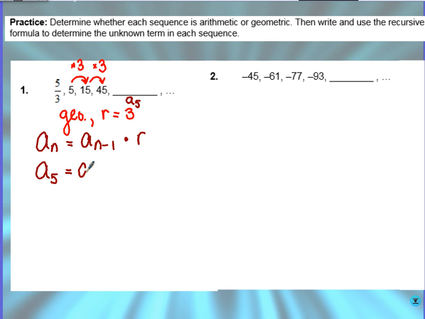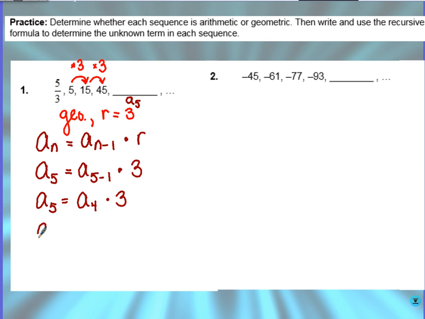Over here, I will continue replacing n with 5. And I also know my r, my common ratio, so I can replace that with 3. My next step, to get to the fifth term, well, 5 minus 1 is 4, so that means we're going to use the fourth term and multiply by 3.